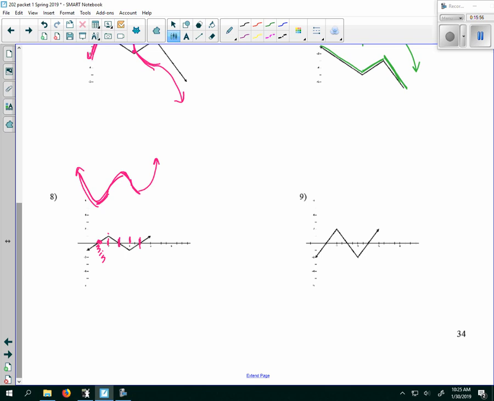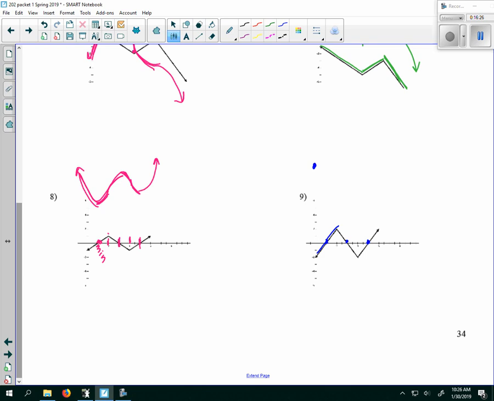All right, last one. I have 3 zeros on f prime. Zeros of f prime represent horizontal tangent lines on f, and f prime is changing signs at those zeros, which means that f has extrema there. So here f prime is going from negative to positive, which means f is going from decreasing to increasing.